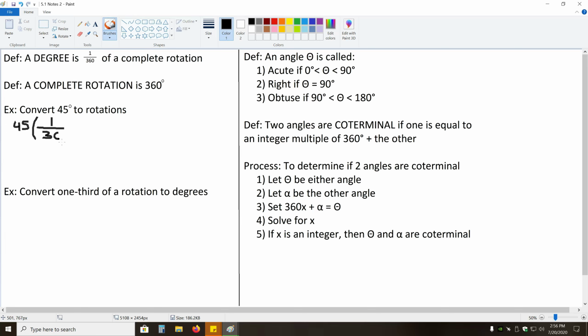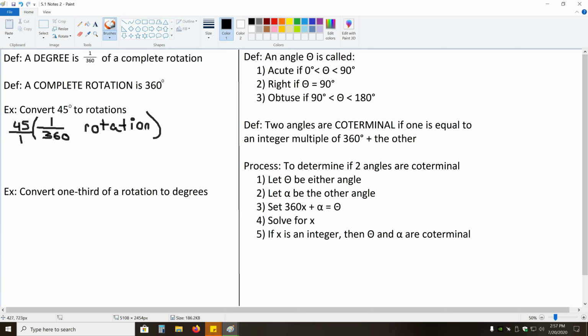So we'll put that here. Okay, so now we just have to multiply this out. To multiply 45 and 1/360th, we're going to put 45 over 1. And then from here, we're going to cross cancel. So we have 45 on the top, 360 in the denominator.